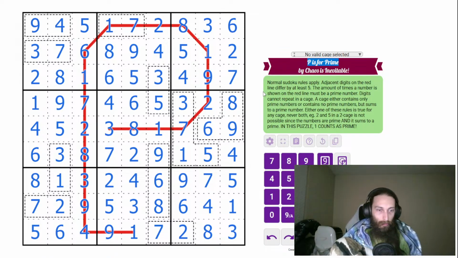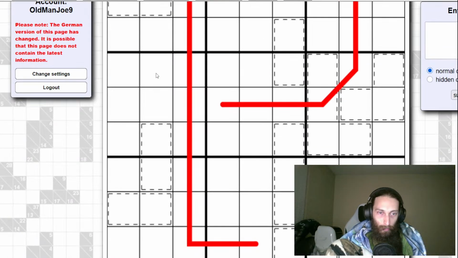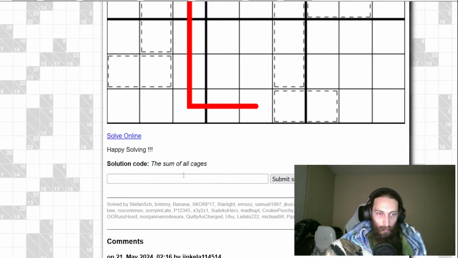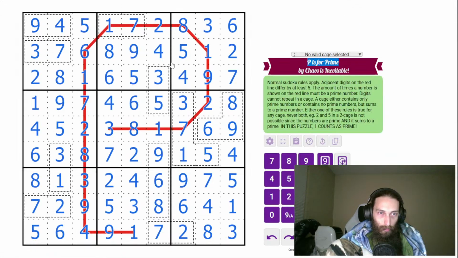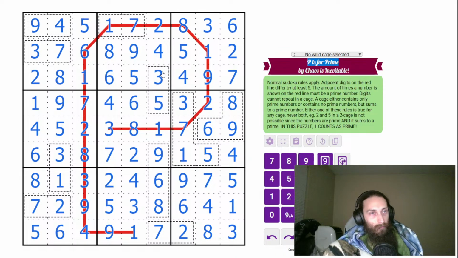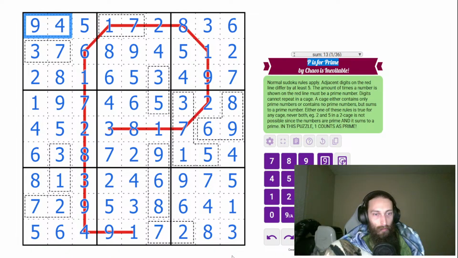One of these days I'll actually get proper sleep. Sum of all cages. 13.